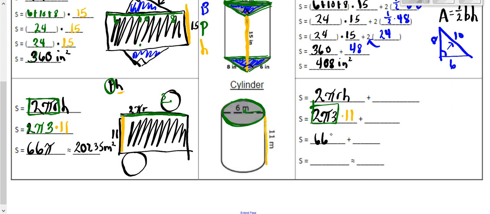We got 66 pi, or 207.35. So I'm going to keep it as 66 pi for now. Okay, so now we want our total surface area. So we know that's my middle section plus 2 of the bases.